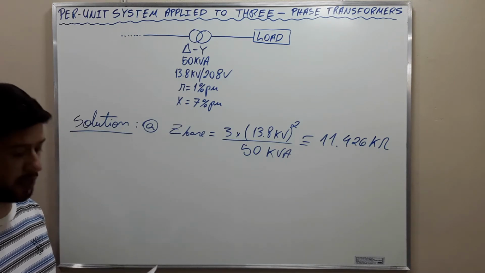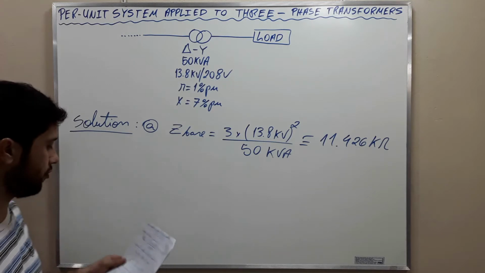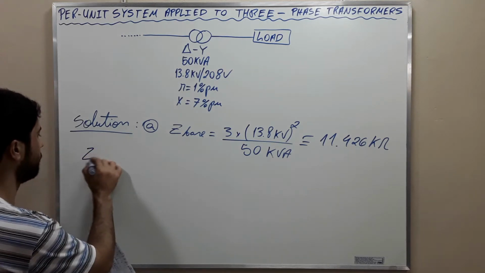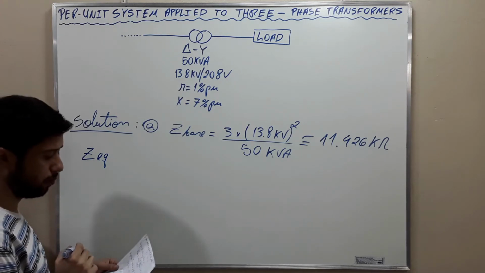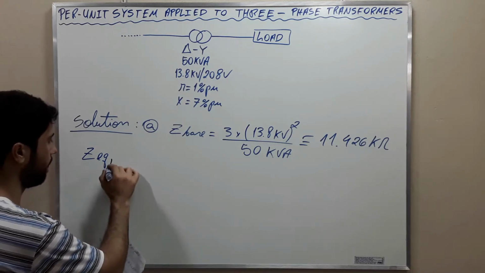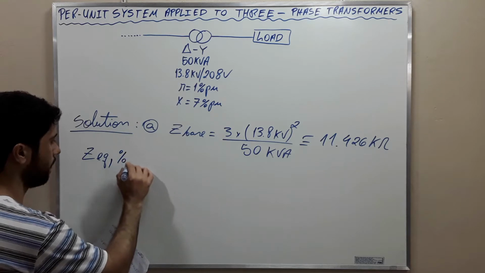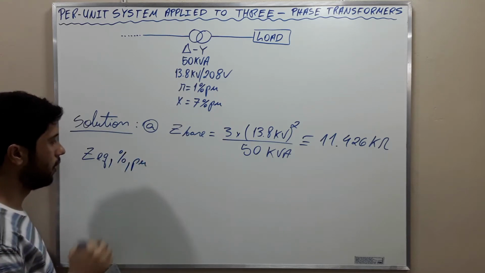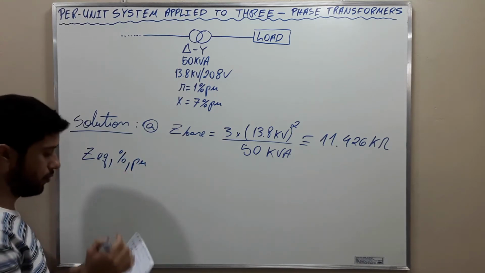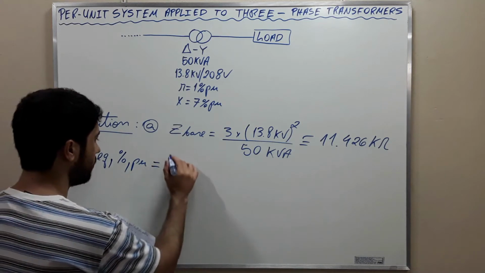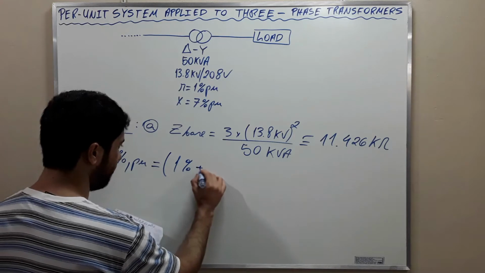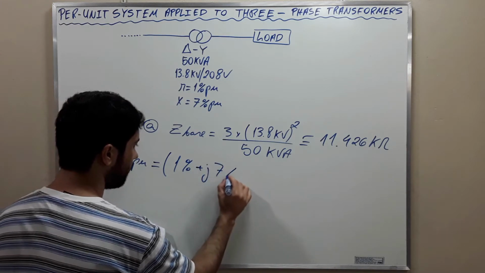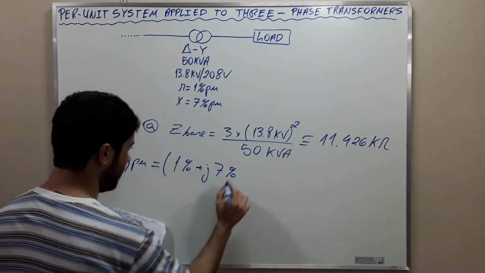The per unit impedance of the transformer is the equivalent impedance in per unit, 1% plus J 7% per unit.